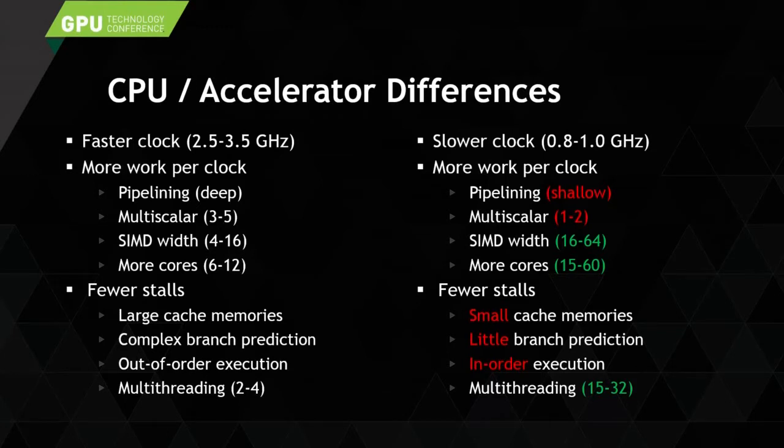The key features shown here, and the ones that are important: faster clock on this side, more pipelining on this side, more instructions per clock issued on this side, but wider SIMD instructions, and more cores for some definition of core. My definition is a CUDA core is not a core. A CUDA core is a SIMD lane. Big cache, lots of branch prediction, a lot of out-of-order execution, none of that over there.